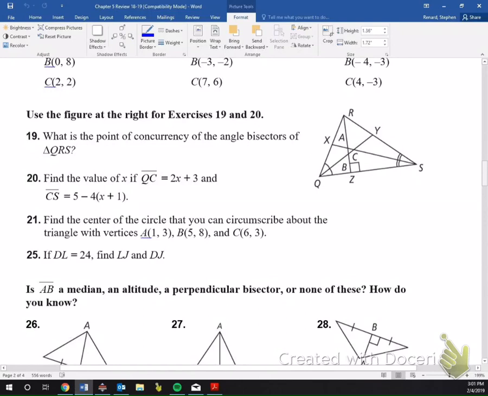The point of the angle bisectors is C, and we know then that C is going to be the incenter, which means it's the same distance from all of the sides. But we're measuring it from the vertices, and there's nothing about the incenter and its relation to the vertices that we've gone over. So don't worry about that. Moving on.